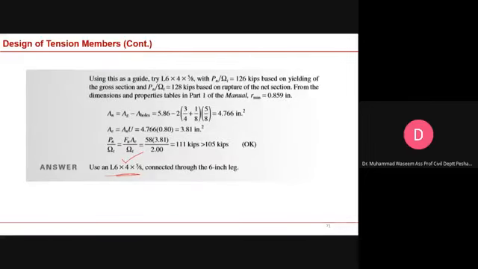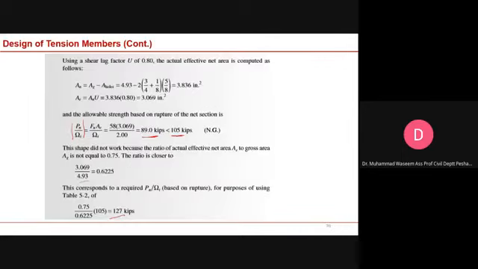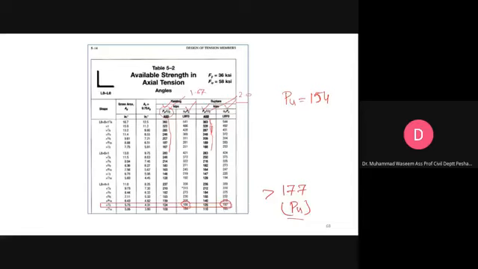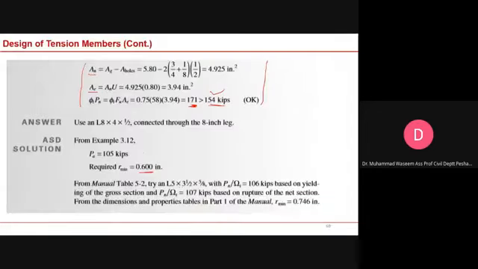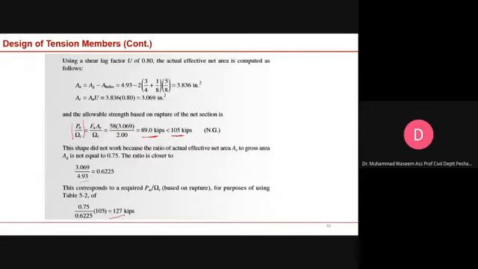Once you select that member, LRFD is recommending an angle which has these dimensions, and ASD is recommending this angle. So there is a difference.